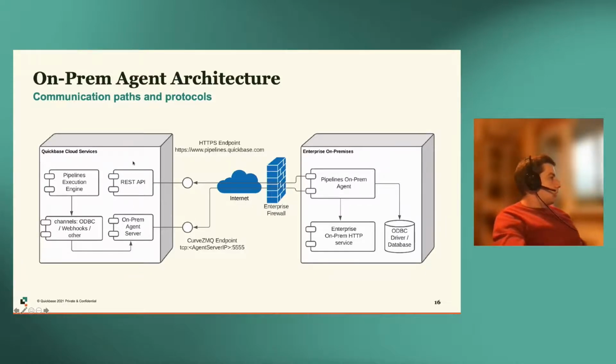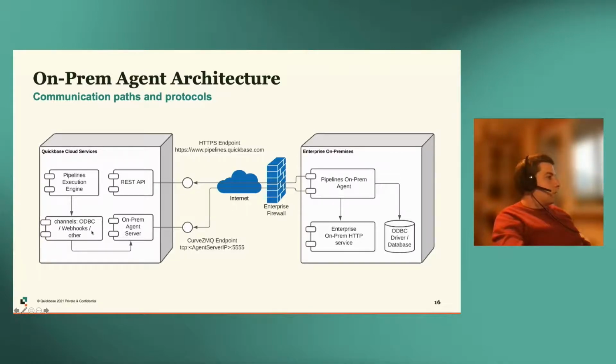So if we go through the rest of the components that participate, we have the pipelines execution engine, that is the component that actually performs the execution of a pipeline. The pipeline that, for example, Shlomo showed you with the particular steps. Then this pipeline consists of various channels, and some of these channels, like the ODBC channel or the Webhooks channel, which we'll be able to see further in the demo, are able to tunnel their communication via the on-premise agent.